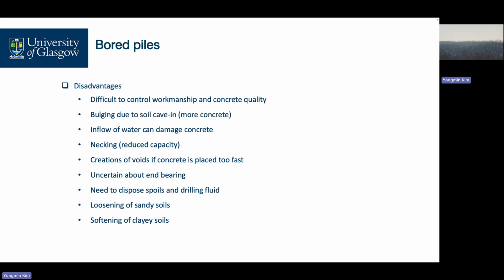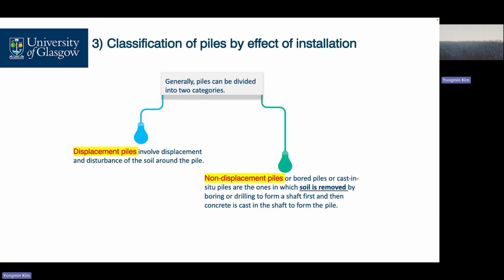The pile classification can be done by effect of the installation. Driven piles cause significant soil disturbance, which is displacement pile. The bored pile, we drill a hole and then simply put our cage and then cure it.